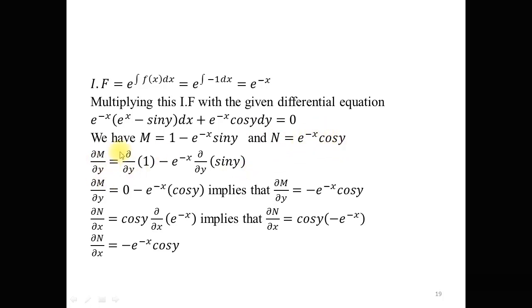Now partial M by partial y: the derivative of 1 with respect to y will be 0, and e power minus x is treated as a constant term, and the derivative of sin y is cos y. So the partial derivative of M with respect to y is equal to minus e power minus x cos y. And the partial derivative of N function with respect to x: cos y is treated as a constant, and the partial derivative of exponential e power minus x is equal to minus e power minus x.